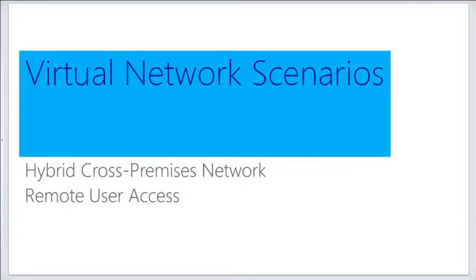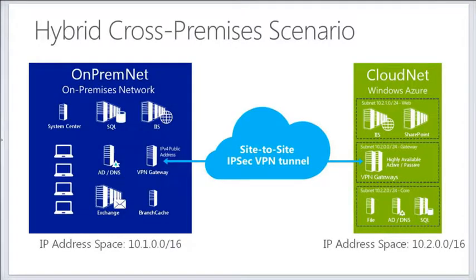Take a look at the hybrid cross-premise network for remote users and see what that looks like. The hybrid cross-premise scenario is where you have your on-prem network, where you have your System Center, your SQL, your web servers, Active Directory, DNS, Exchange, whatever your internal infrastructure is, including all of your clients.